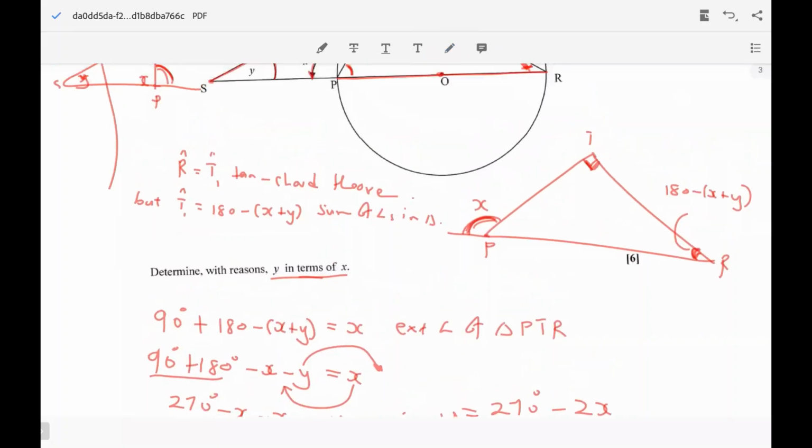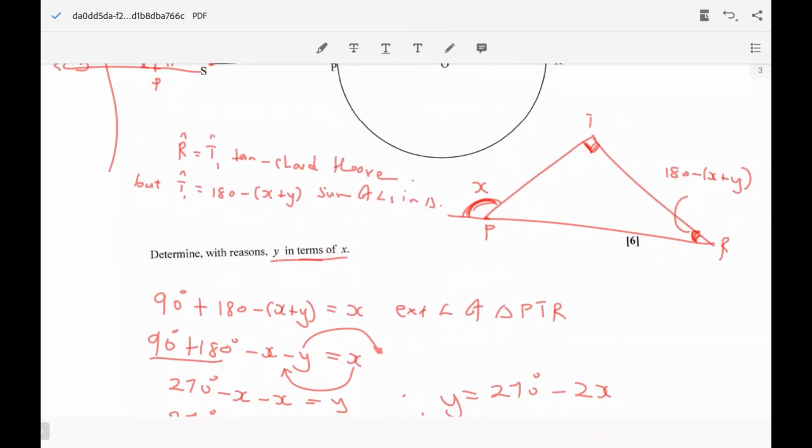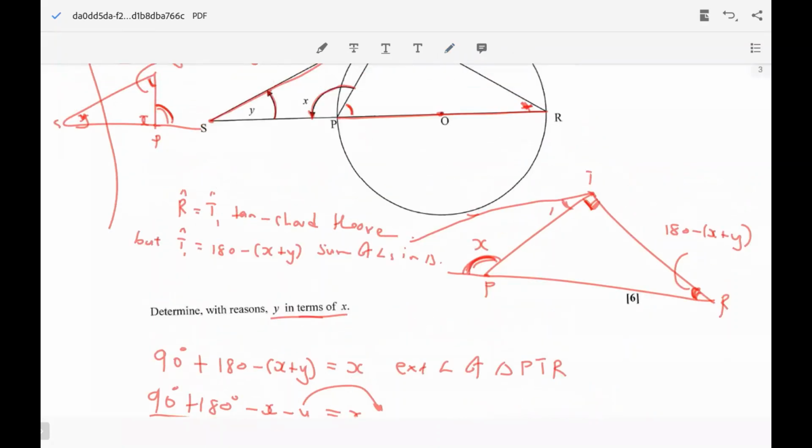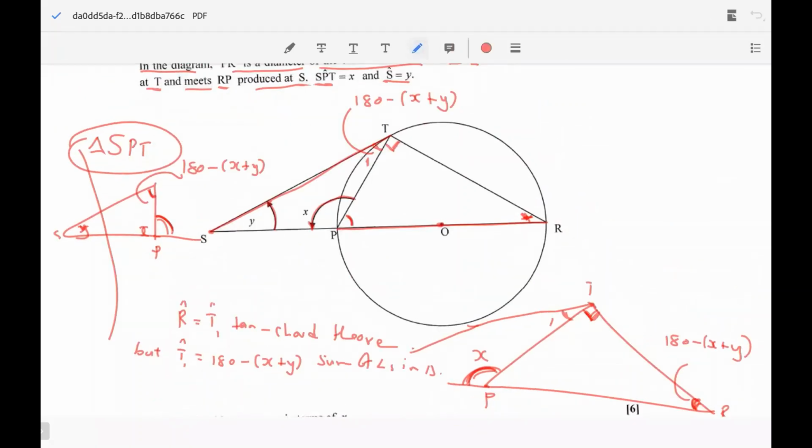Remember, we started by finding the size of angle T1, if you still remember T1 here. After getting T1, we apply the tan chord theorem to get angle R. Then focusing on our triangle PTR here, we already have R and angle T is 90 degrees.